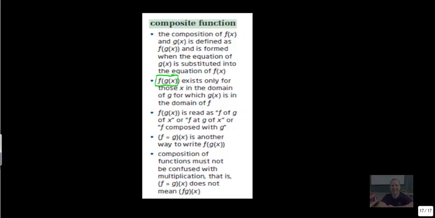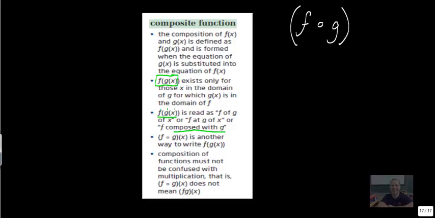That's pretty obvious. Here's the other thing too. As I mentioned, this is f of g of x, or f composed with g. This notation is also important, which you will see. In other textbooks they used to say you can call this f circle g. Instead of saying composed with g, you can say f circle g.